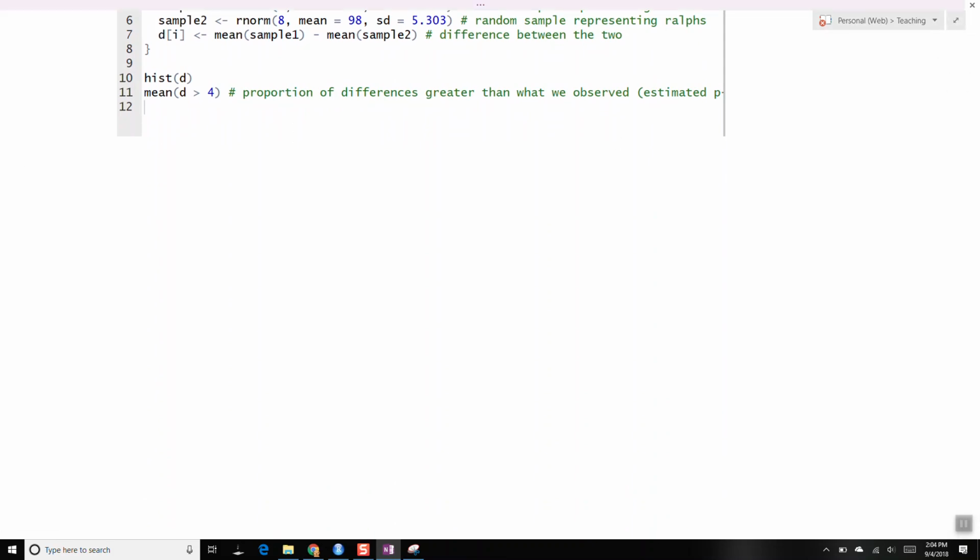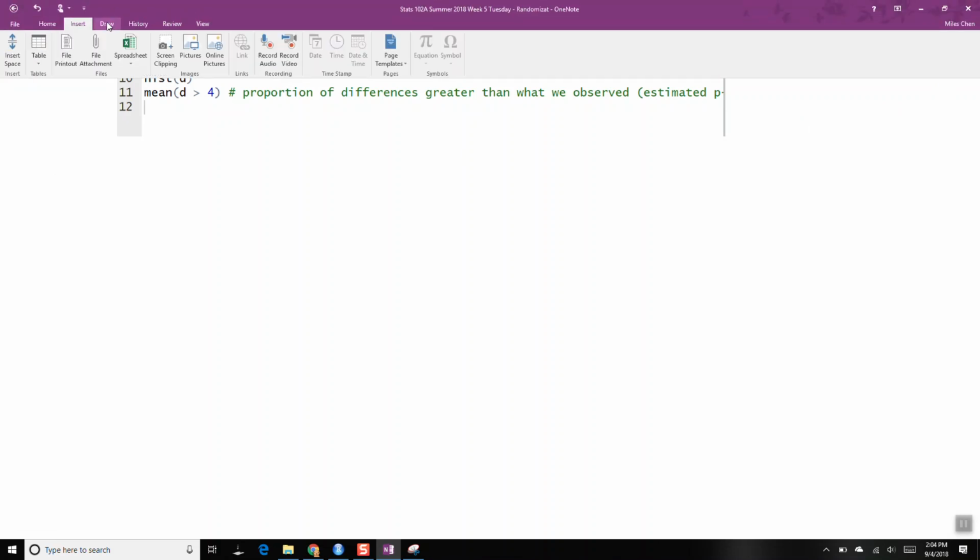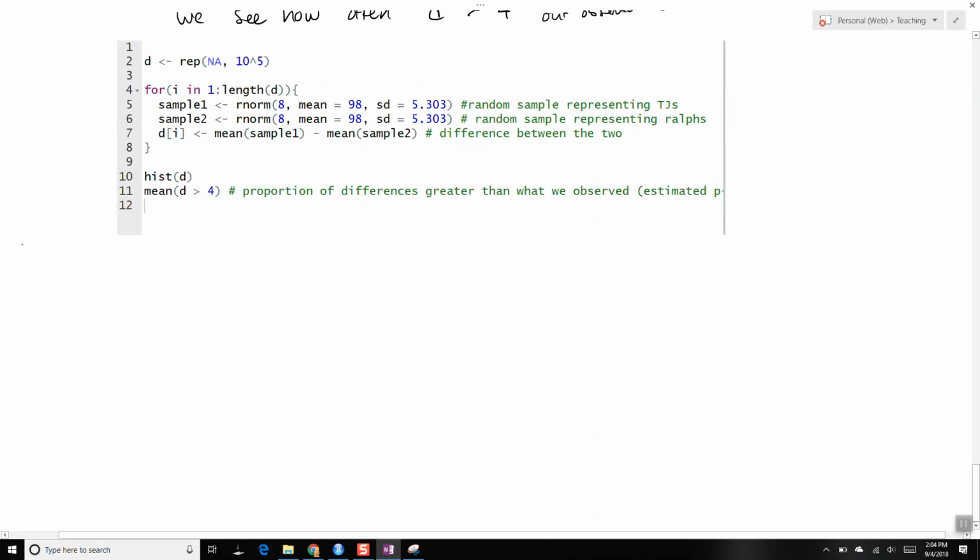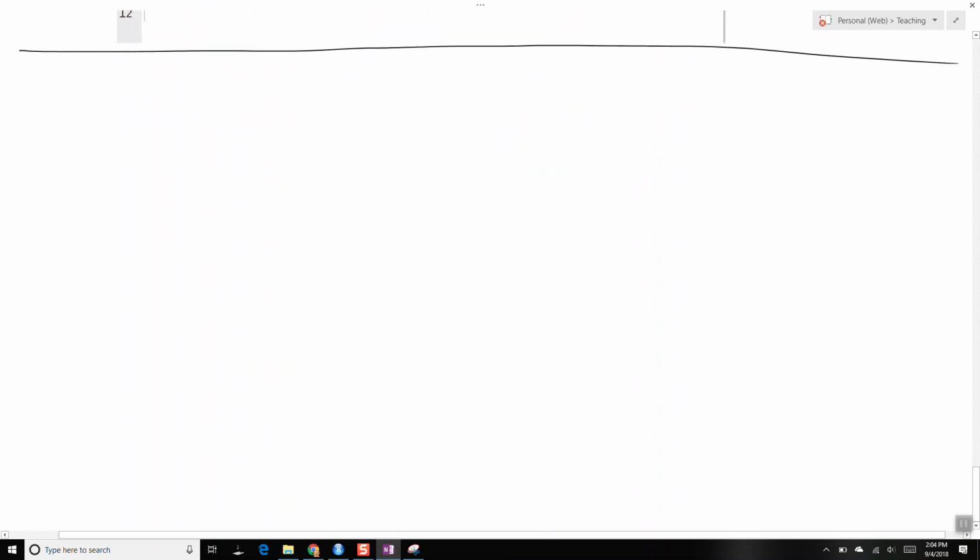I gotta switch back to drawing mode. Okay, so we'll have the randomization test and the regular bootstrap. And here I have some good slides here. And I guess we can call this non-parametric or regular bootstrap tests.